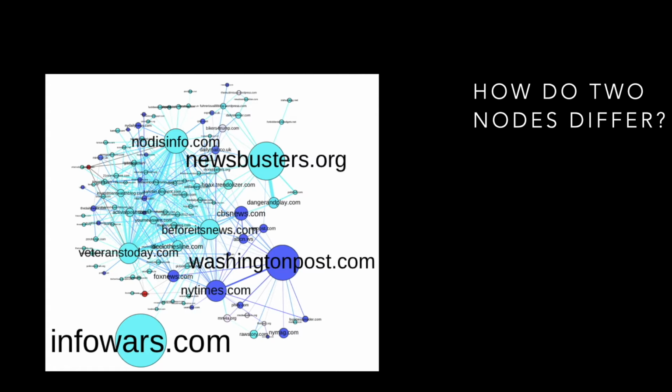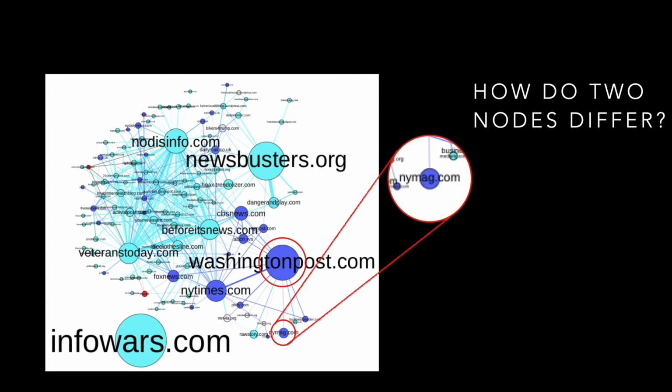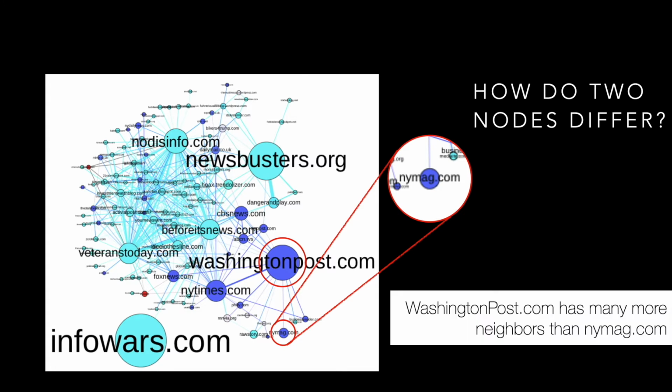Maybe a more direct way, and actually an example that we saw when we talked about the PageRank algorithm, was if we compare two nodes in a graph, say the Washington Post here and the New York Magazine website, we can compare them also based on what's called degree, or how many neighbors they have. So the Washington Post has many neighbors, such as Fox News, New York Times, Raw Story, and others.